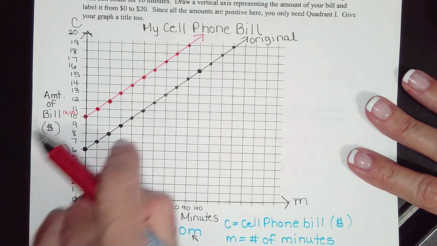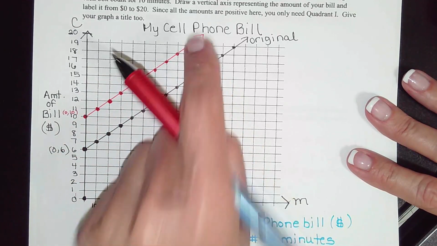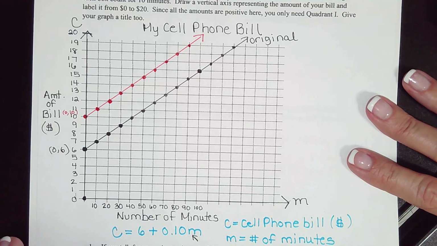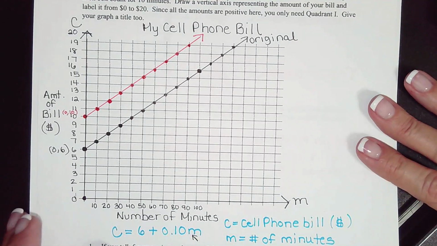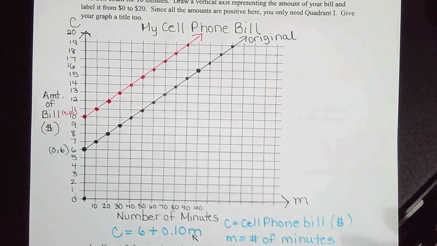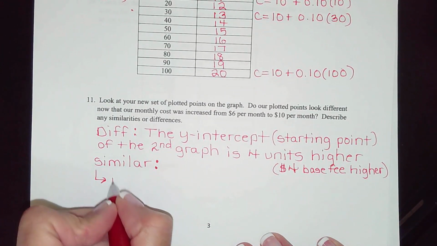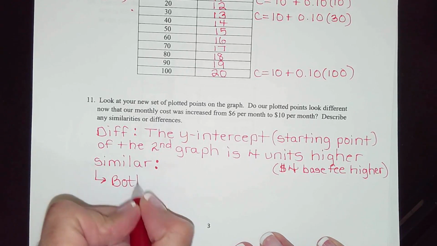So both lines have the same rate of change or steepness because their per minute charge is the same. So both graphs have the same rate of change.